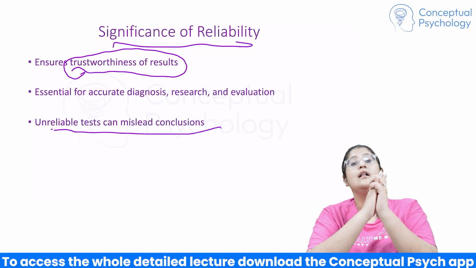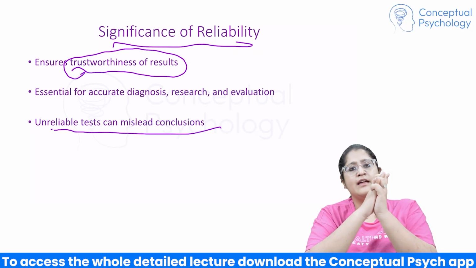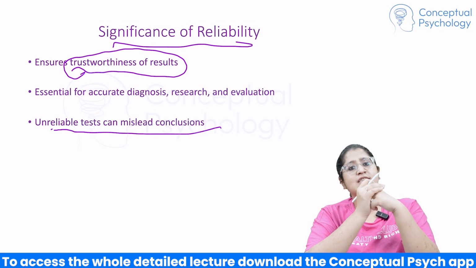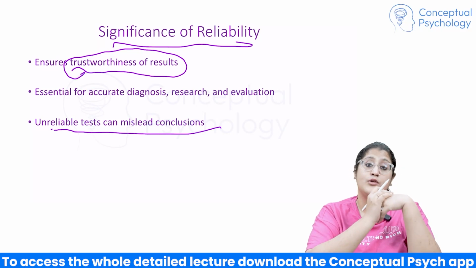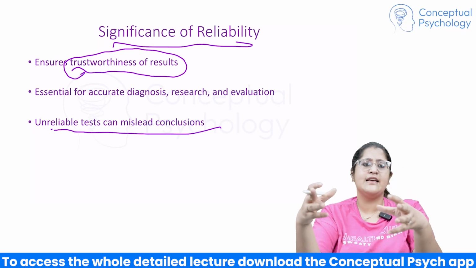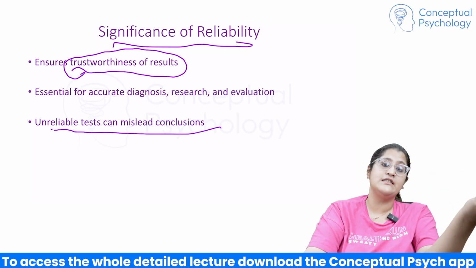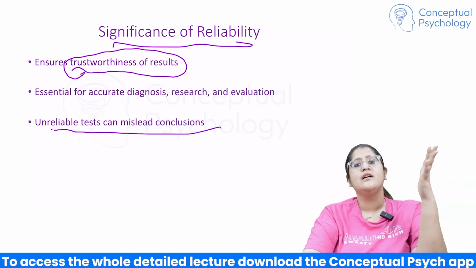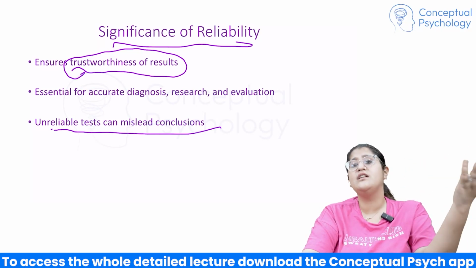For example, if you are giving someone a test of depression and anxiety and the test is unreliable, what would happen? Say the test is giving you very inflated results, right? The scores are inflated, which shows that this person is highly or severely depressed.